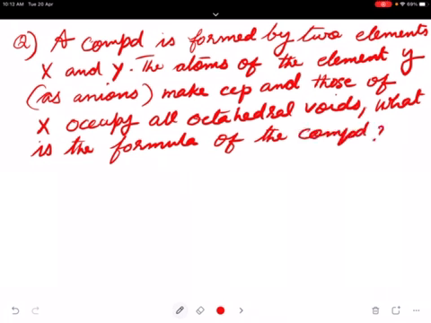A compound is formed by 2 elements X and Y. The atoms of element Y make CCP.